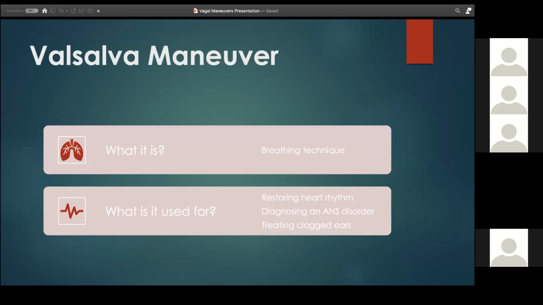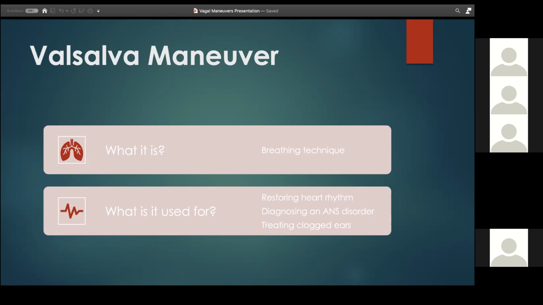To restore a heart rhythm, the way this works is that during the maneuver, the blood pressure shift and the heart rate shift can often cause the normal heart rhythm to restore, if that makes sense. There are 4 phases of the maneuver, which we will go into in the following slides, but this shift in blood pressure and heart rate through these 4 phases usually helps us restore normal heart rhythm.